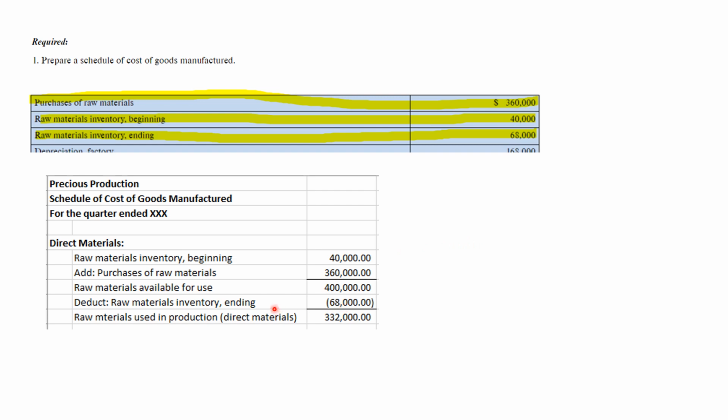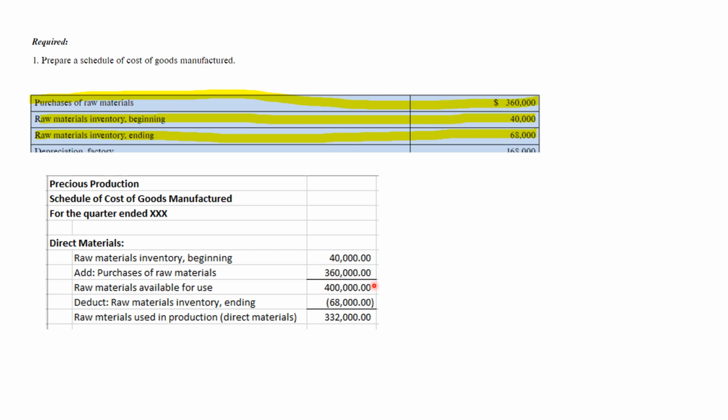To figure out how much I did use during this specific period, whatever this quarter was, if I'm trying to find the raw materials I used in production, my direct materials, I need to take everything I had for use during the period and deduct what my ending inventory was. This is what's still sitting in my warehouse at the end of the period. If I see everything I had available for use, and I deduct what I had left at the end, I should be able to see how much I actually used.